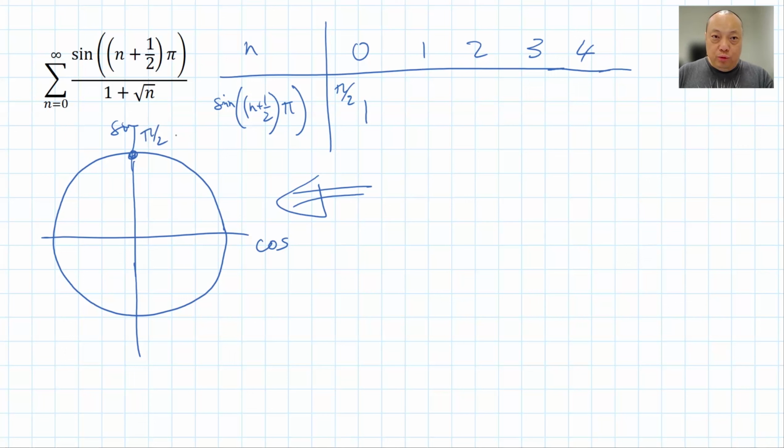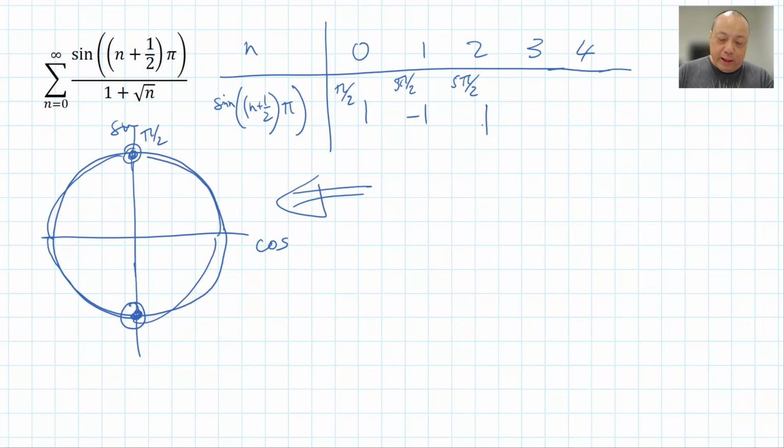When n is equal to 1, then I have 3 pi over 2, and sine of 3 pi over 2 is down here at -1. When n is equal to 2, you get 2 plus 1/2, 2.5 pi, that's 5 pi over 2. 5 pi over 2 is what? 1 pi over 2, 2 pi over 2, 3 pi over 2, 4, 5 pi over 2.